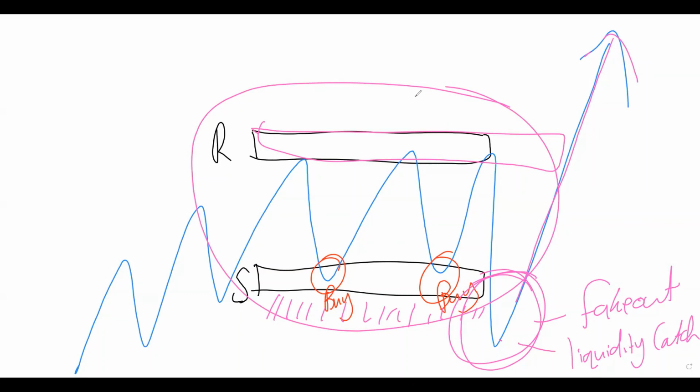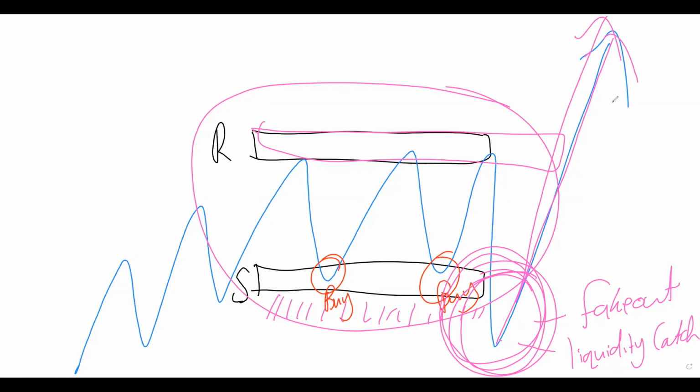So for example, in this case, it needed to catch liquidity to the downside at the bottom before it made its move to the upside, because liquidity obviously will drive price, right? If price were to break out to the downside, it needed to catch liquidity to the upside first.